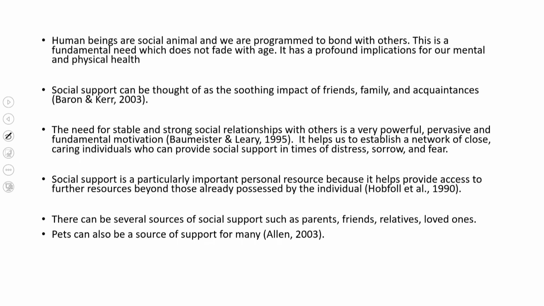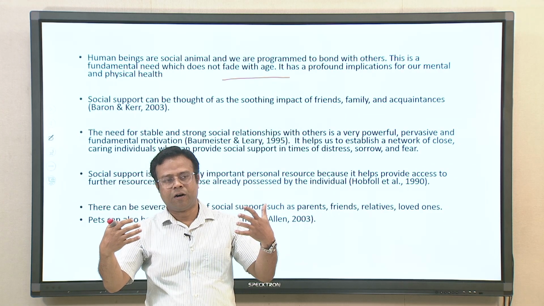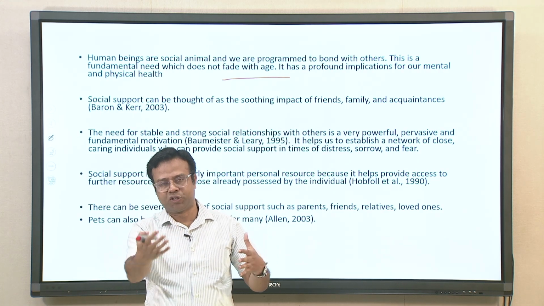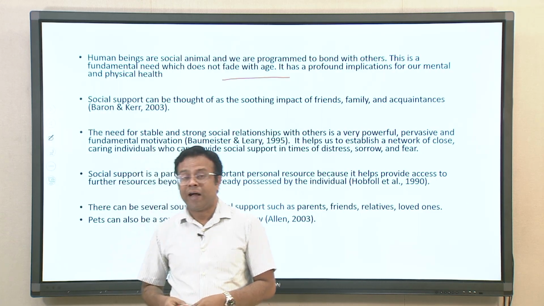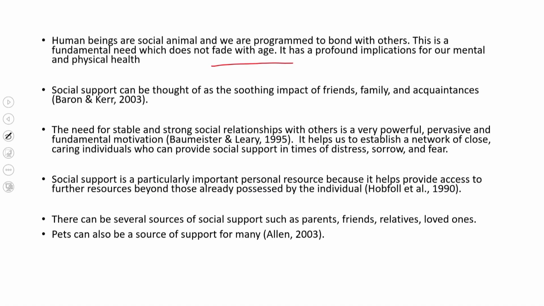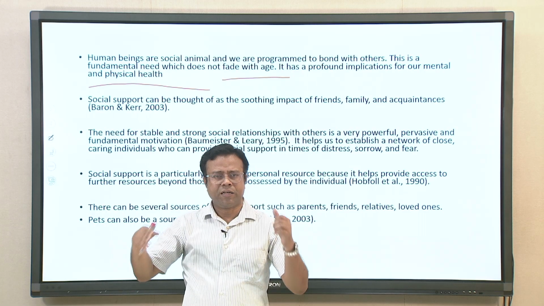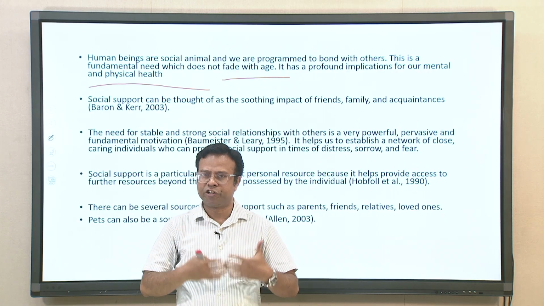There is a need to bond with other people, which does not fade with age. It is a constant thing that prevails in our life from birth to death. It does not diminish with the progress of age, and it has profound implications for our mental and physical health, which we have also looked into in some of the literature. It impacts us very strongly emotionally and physically also.